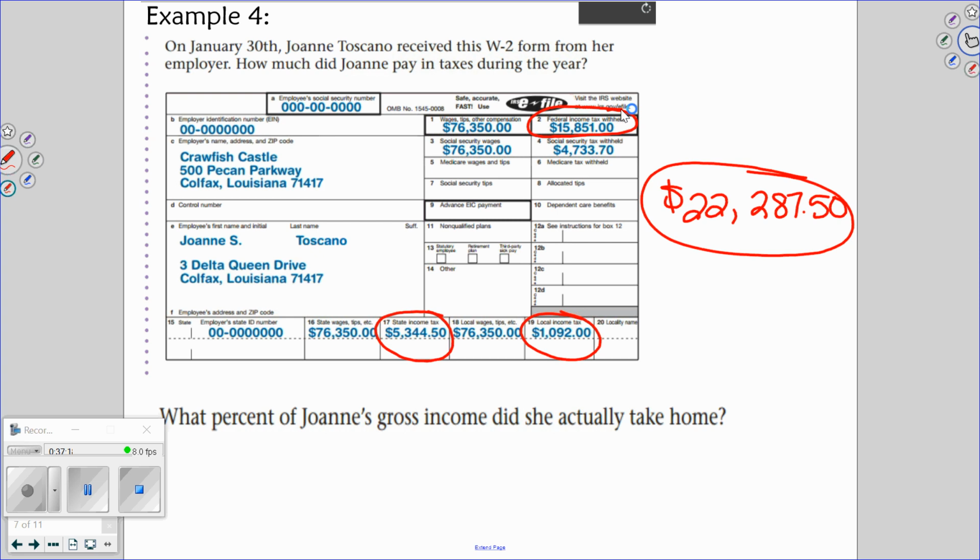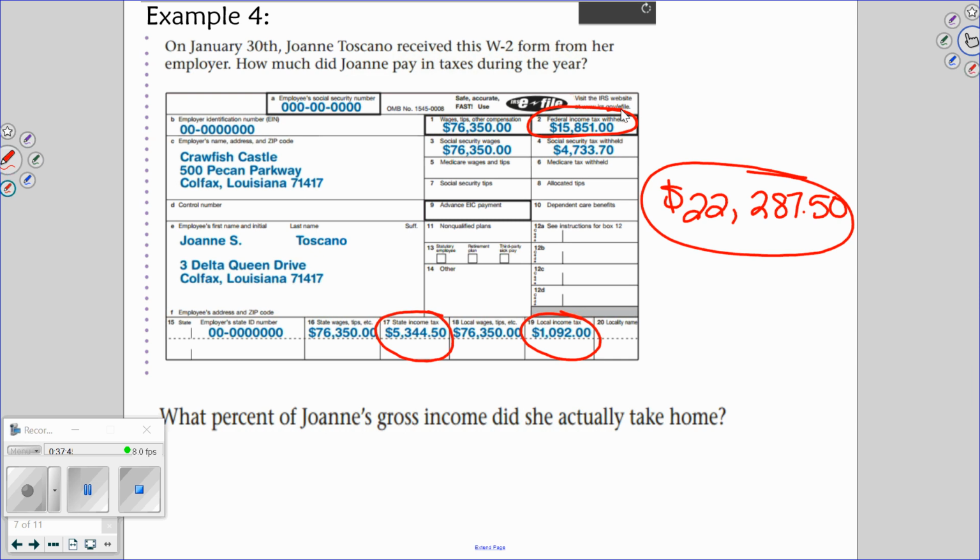I'm sorry. What percent of Joanne's gross income did she actually take home? Let's forget about the Social Security for the time being.